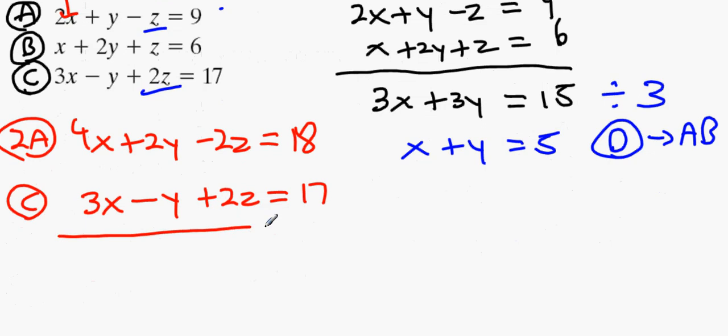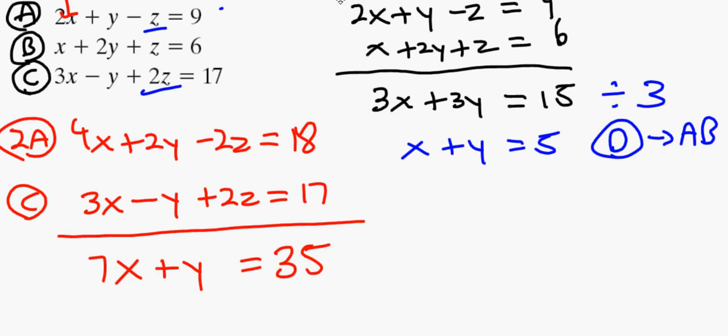And we're going to add these together. We're going to get 7x plus 2y minus y is plus y, minus 2z plus 2z is 0, equals 35. And we're going to call this equation E. And equation E is formed from A and C together.